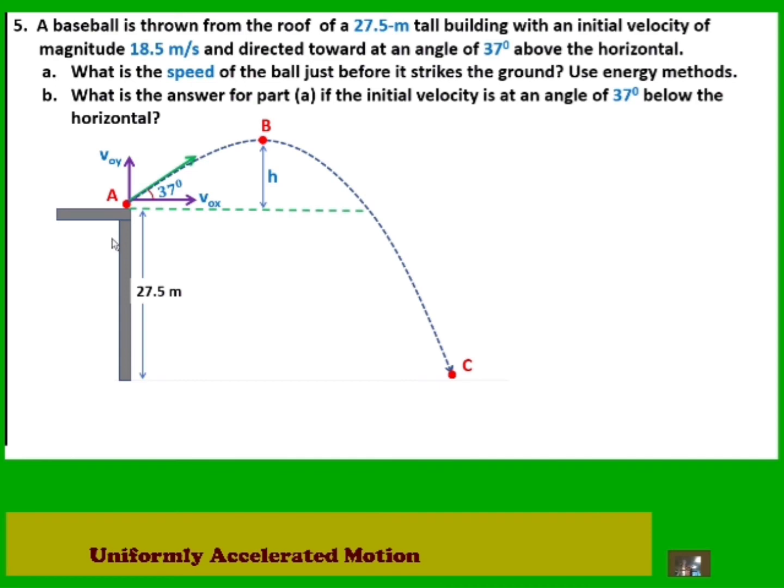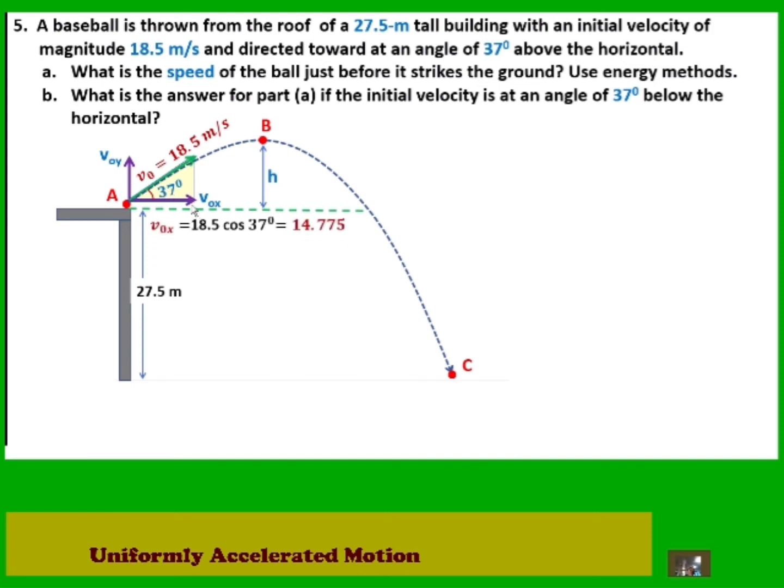So this is our problem. A baseball is thrown in this direction, 37 degrees above the horizontal, with an initial velocity of 18.5 meters per second. So we will consider the motion of the ball from point A to point B from the energy conservation principle. From this triangle, let us determine the x and y components of its initial velocity.